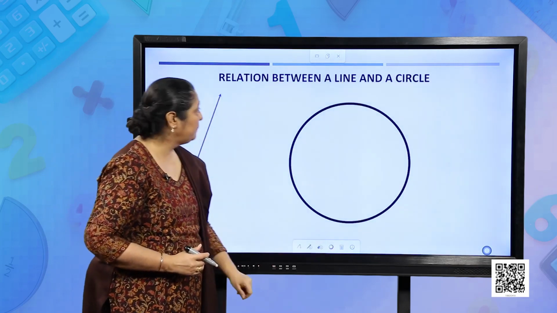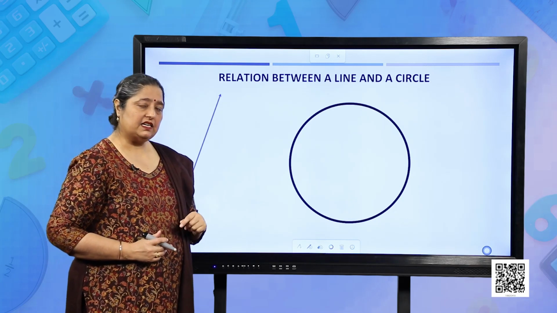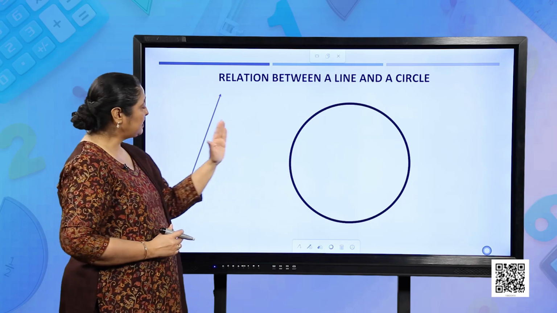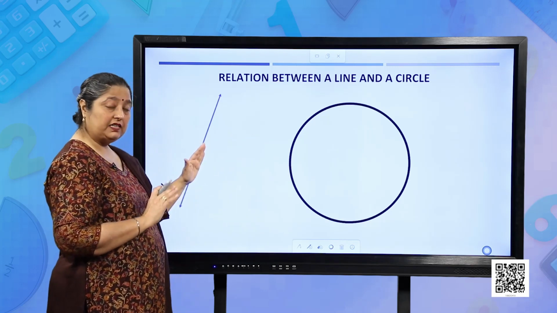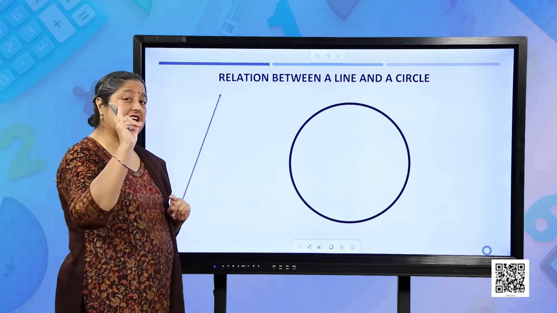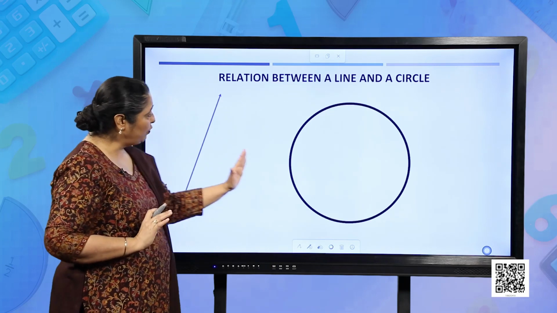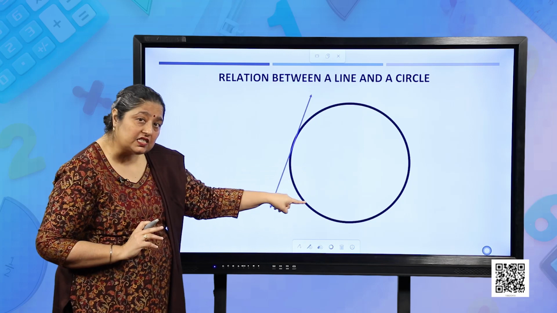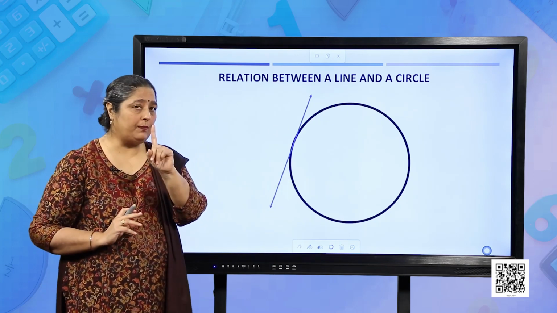We will move forward. We will see the relationship between a line and a circle. Here we see a line and this is a circle. Here the line and the circle are not intersecting. They are wide apart. They are not touching each other. So, this is case 1, wherein we have 0 points of contact. Now, as the line moves forward, the line is touching the circle at one point.